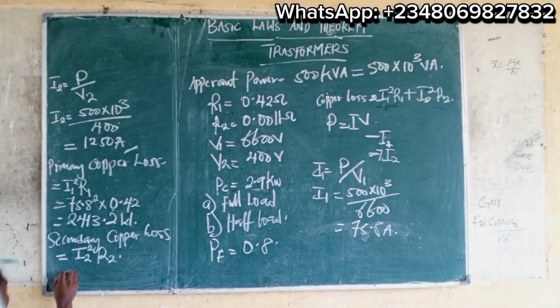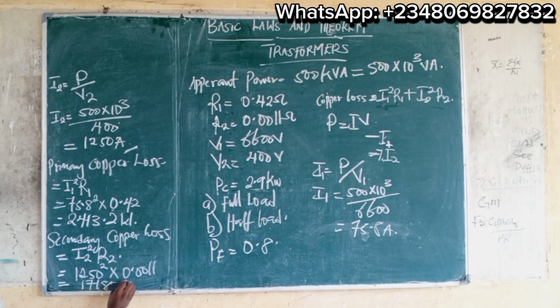If you do that, you simply arrive at 1250 square multiplied by R2, which is 0.0011. Now, if you do this simple calculation, you simply arrive at 1718.8 watts.